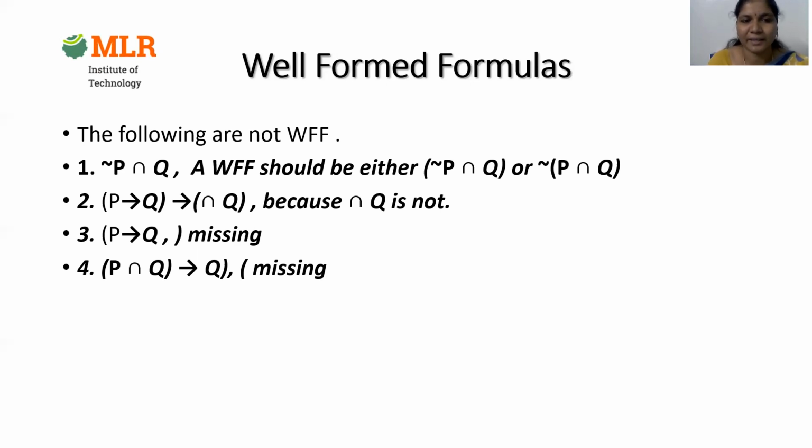Whereas on the right side, a conjunctive connective is there, but a conjunction is a compound statement. As per the definition of a compound statement, the conjunctive connective is applied to a minimum of two statements. But here only one statement is there. Because of this, we consider that the second statement is not a well-formed formula.